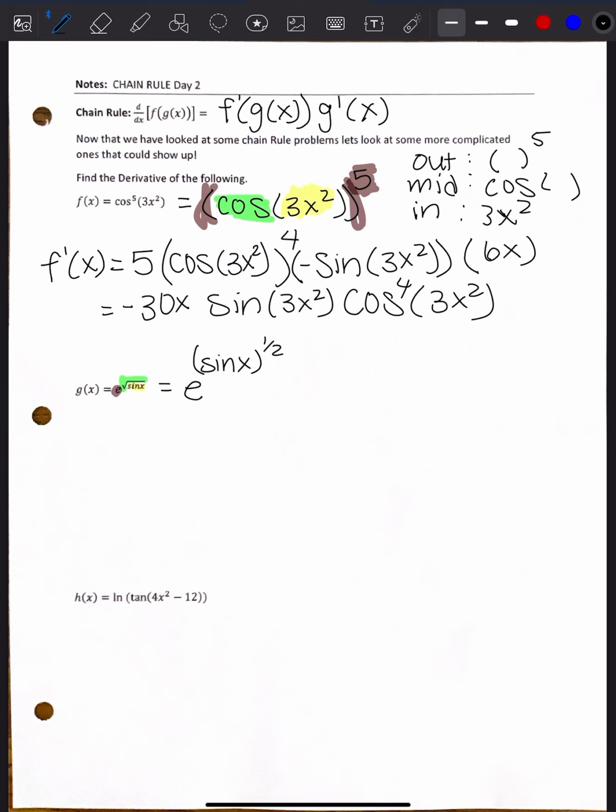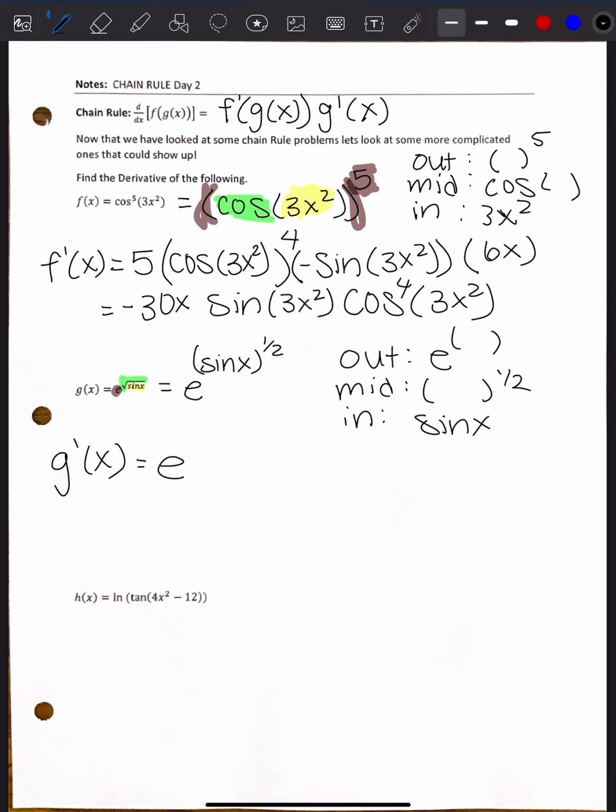So we have our outside function, which is e to a power. We have our middle function, which is the 1/2 power. And we have our inside function, which is sine of x. The derivative of e to a power is e to that power.